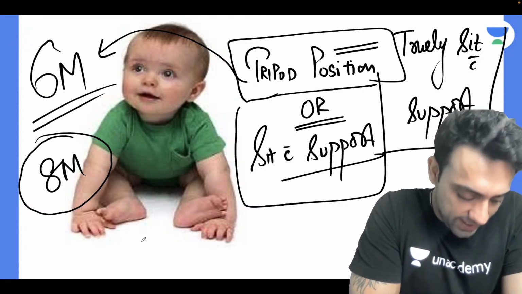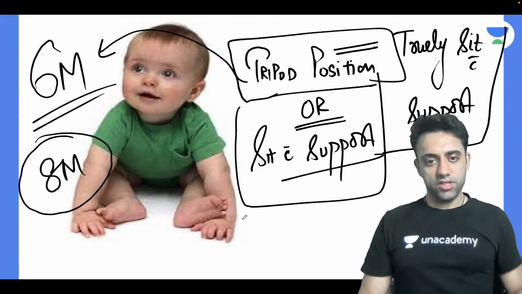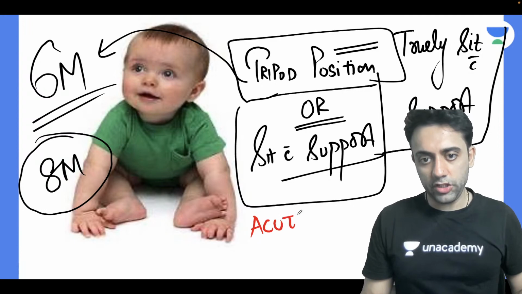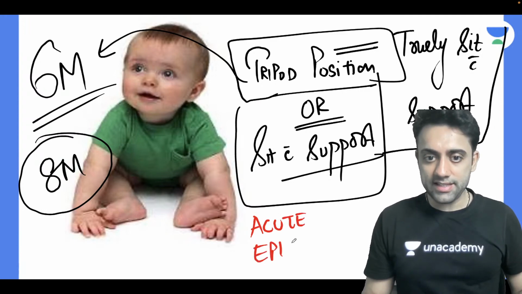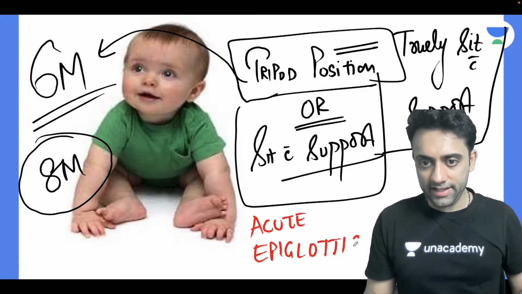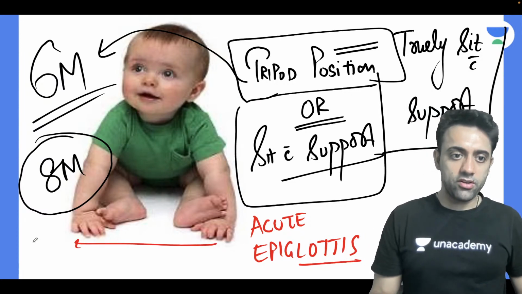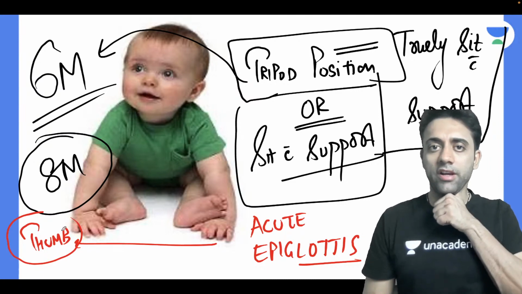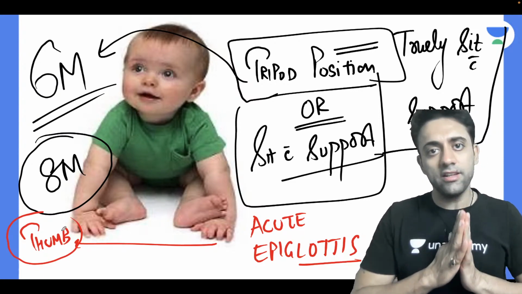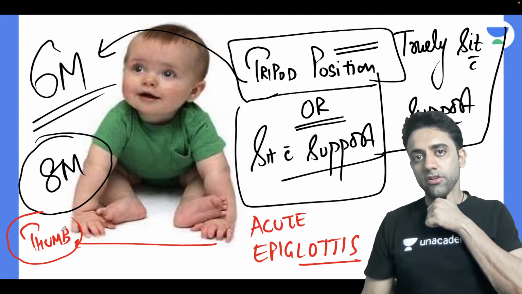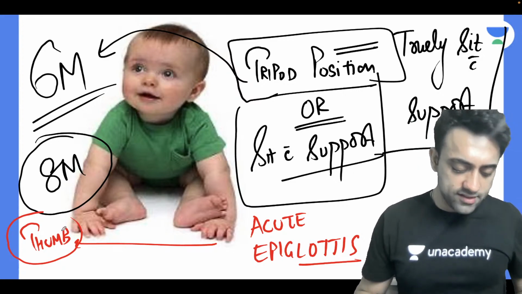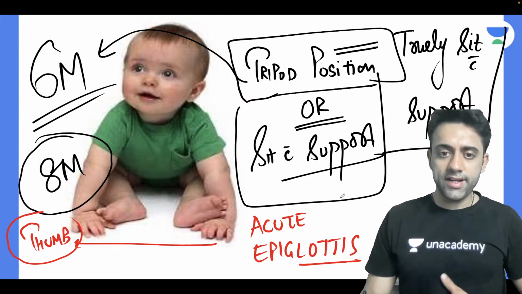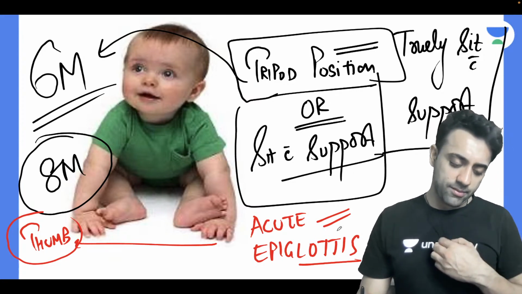ठीक है. Exactly. Tripod position is also seen in acute epiglottitis. What sign do you see in acute epiglottitis? Thumb sign देखते हैं ना उसके अंदर, thumb sign in acute epiglottitis and steeple sign in croup. And the treatment for acute epiglottitis क्या देते हैं? Do we give steroids? Which steroid do we give in acute epiglottitis?